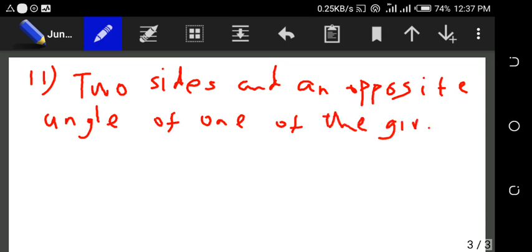All right, so I'll make a drawing to explain what I mean. One of the given sides. So this is the second condition.